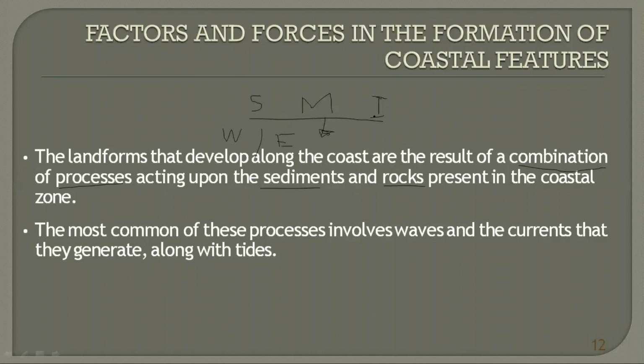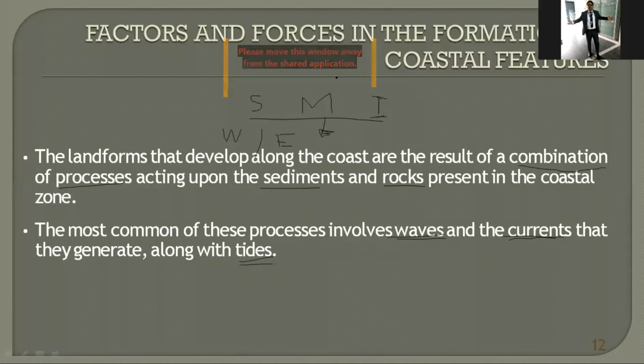The most important and significant process in these coastal landforms and coastal features is, of course, the waves and the resultant currents that are generated by the waves when they interact with the coast, and of course the tides.